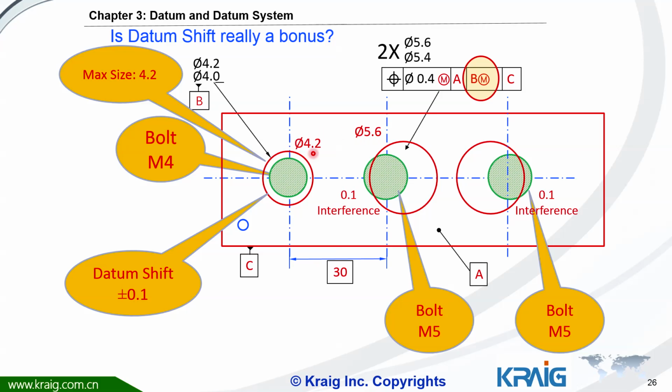even if datum B reaches the biggest size, which is 4.2, is it possible to help the tolerance feature, where one of the holes deviated to the right and another deviated to the left, and both of them have interference 0.1 and 0.1, and both of them are the biggest size 5.6?